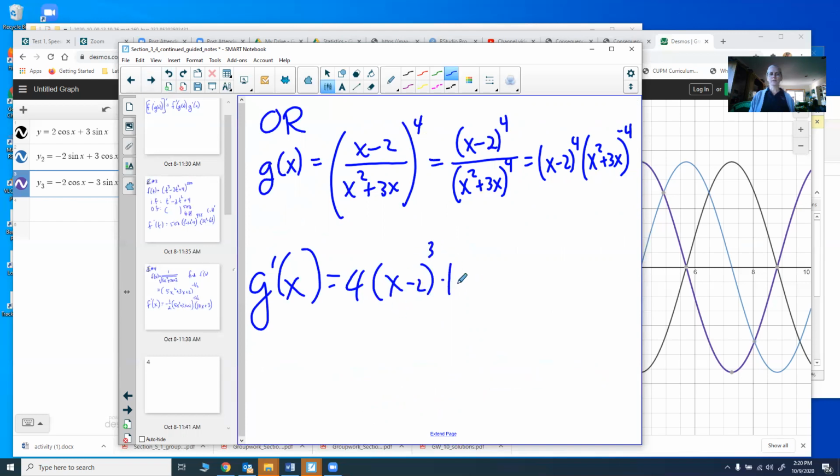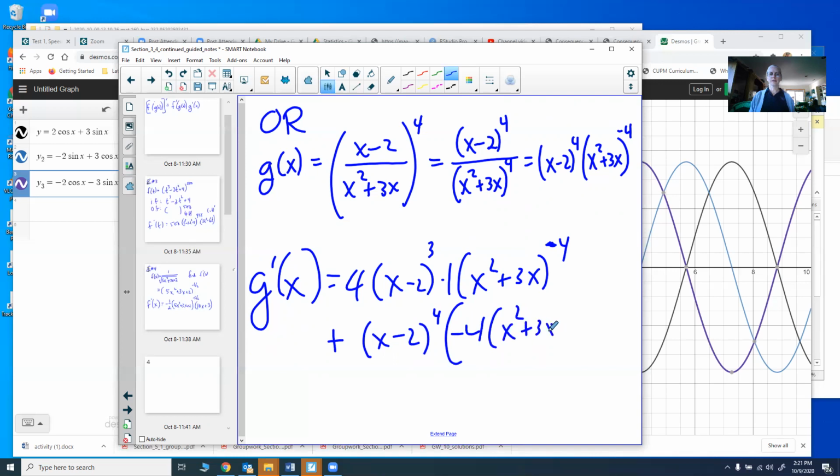The derivative of the inside is 1, times the second, then plus the first, times the derivative of the second. Now I'm bringing a minus 4 down, gives me x squared plus 3x to the minus 5. And then I take the derivative of the inside, which is going to be 2x plus 3.